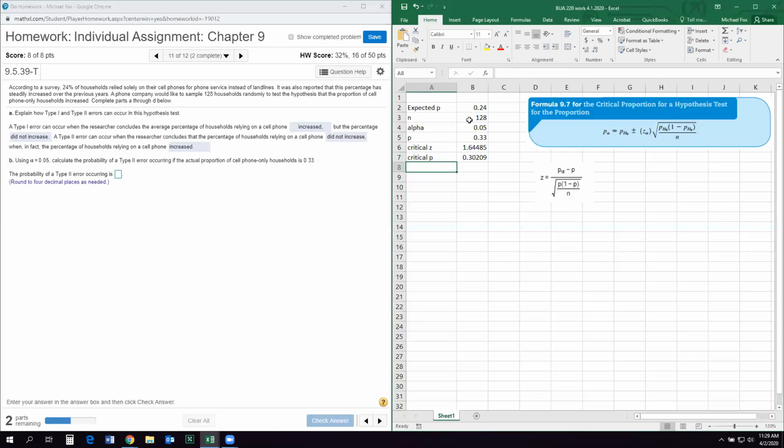Next, we need our Z value for P, so I'm just going to call it the Z value. And that's this formula right here.